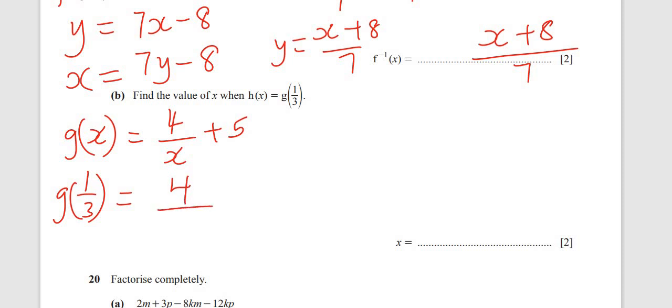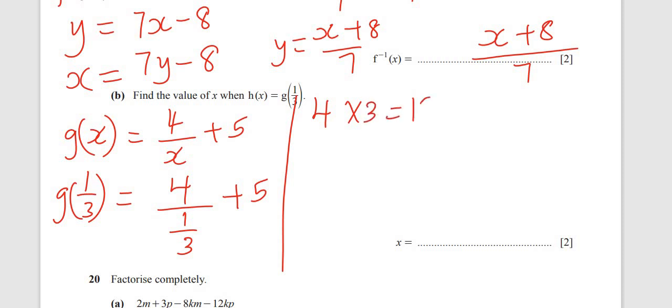So 4 divided by 1/3, then plus 5. As we said, when you divide a number by a fraction, it's just the same as multiplying. So 4 multiplied by 3, which is 12, and then we add 5, which is 17. So g of 1/3 is equal to 17.